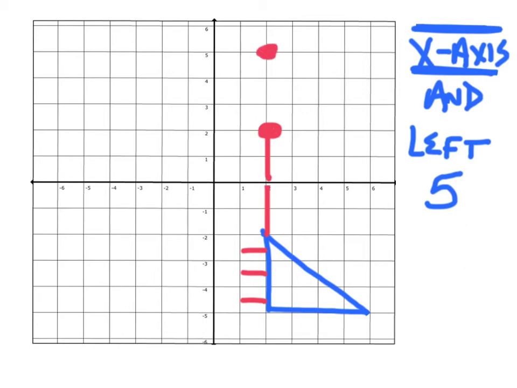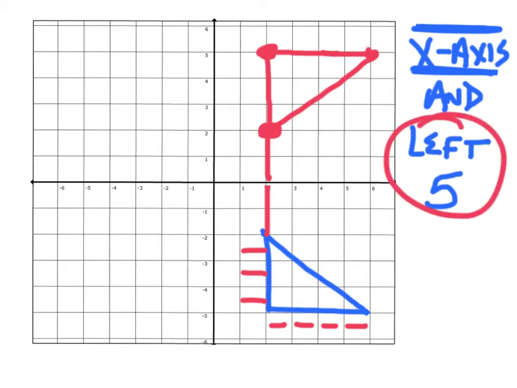And then also notice that this one is 1, 2, 3, 4. So if you go 4 this way, you end up with the remaining vertex. And so from there we have to go 5 to the left. So if we go 5 to the left, it's 1, 2, 3, 4, 5.